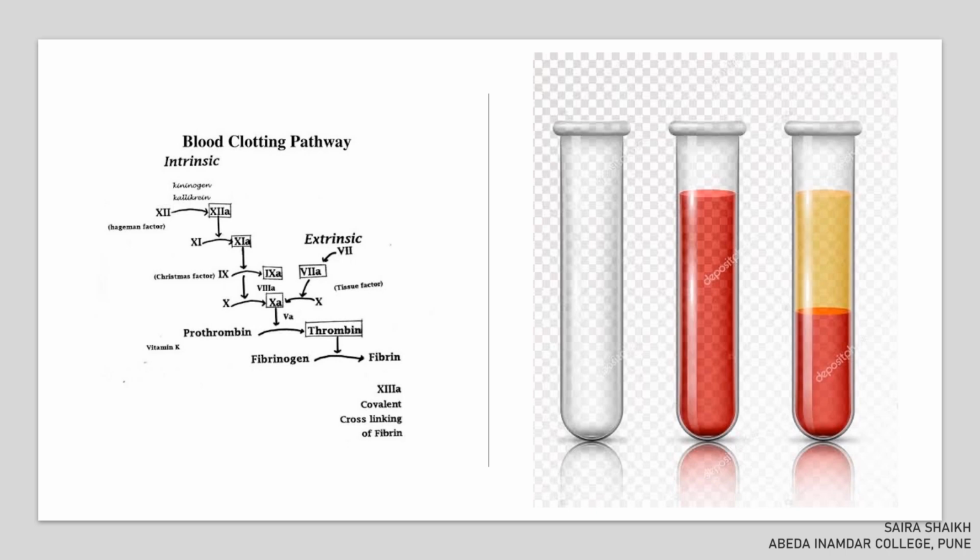It is the condition when the blood is present outside the body. That means when we are collecting the blood inside a bottle, or if we have taken the blood for examination on a glass slide, the condition we call intrinsic condition. The blood which is present outside the body coagulates after a few minutes.